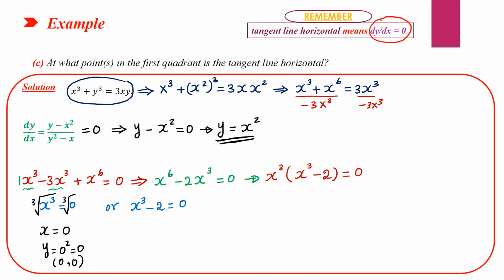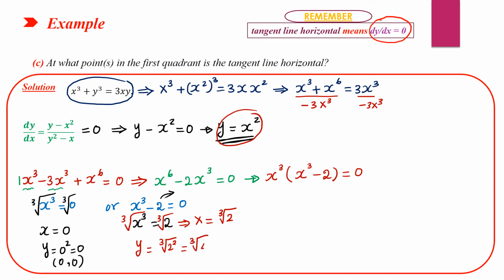And for the second equation, you have to add 2 to both sides. You will get x to the 3 equals 2. Then take the cube root of both sides, and you will get x equals cube root of 2. And since y equals x squared, y equals cube root of 2 squared, which equals cube root of 4.